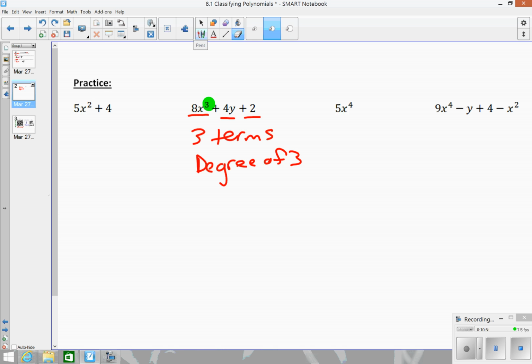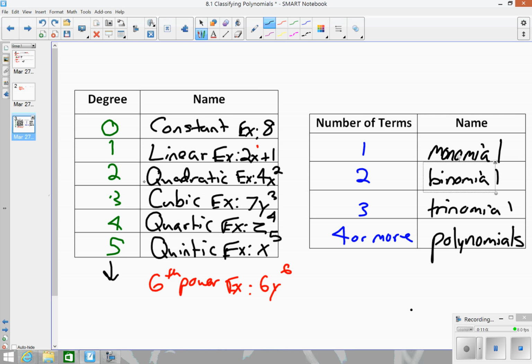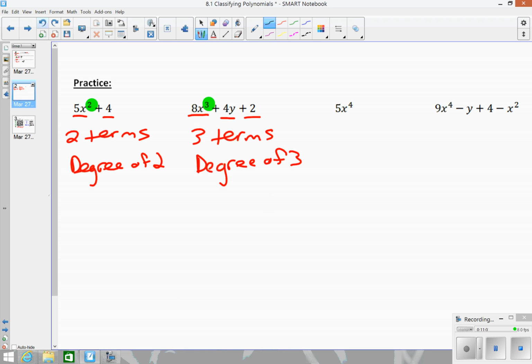So the degree here we said is 2. So if we go to our chart, the degree of 2 is what? Quadratic. So if I go back, the degree of 2, it's quadratic.